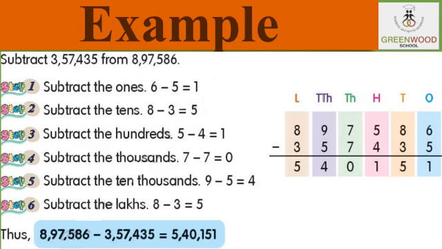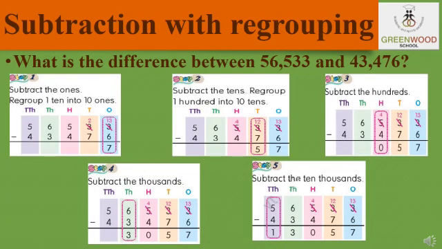Step 5, subtract the 10,000s. 9 minus 5 is equal to 4. Step 6, subtract the lakhs. 8 minus 3 is equal to 5. Thus our answer is 5,40,151. Our next topic is subtraction with regrouping.